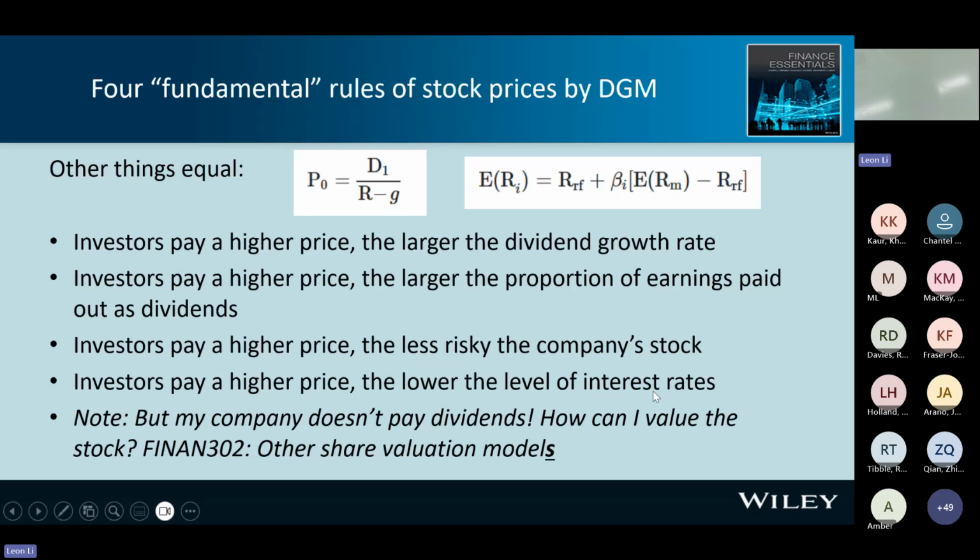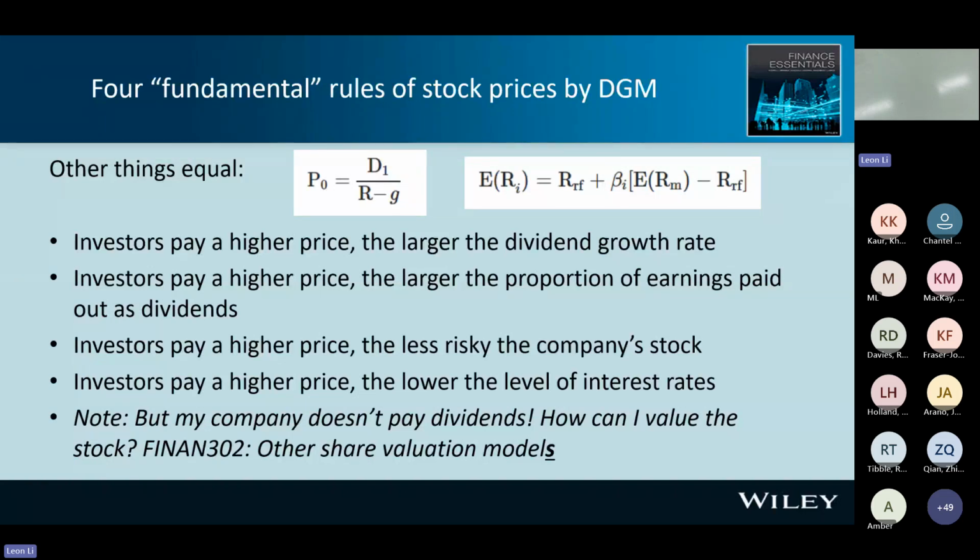So interest rate is here, RF, risk-free rate. Higher RF, higher required return. Higher required return, lower share price, right? Okay, so we can use the 2 formulas to have the 4 fundamental rules.